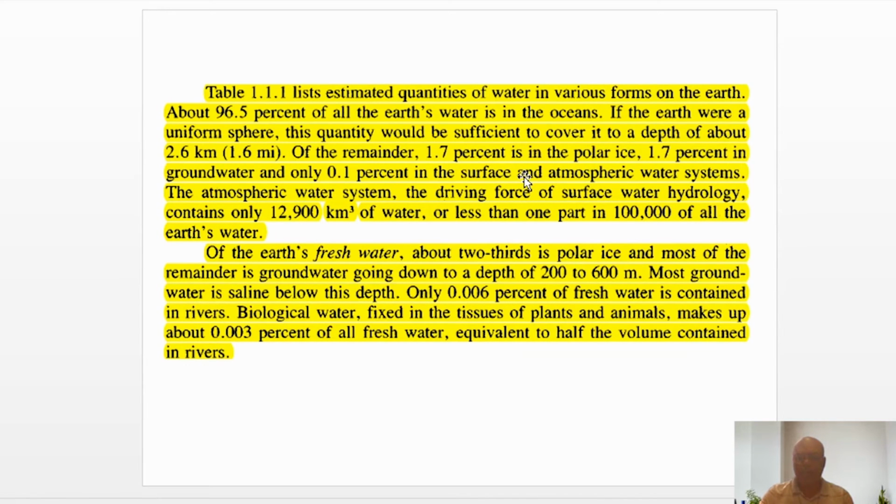The total water available in rivers, lakes, ponds and atmosphere, everything together, is 0.1%. So from this analysis we can see how much water is available in the oceans.